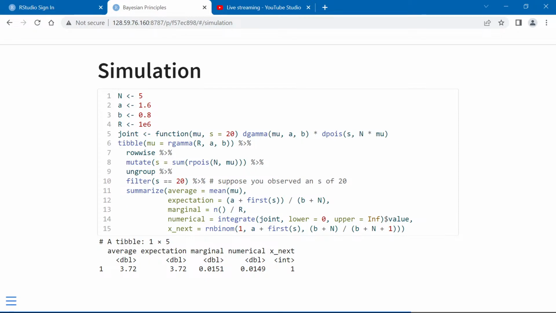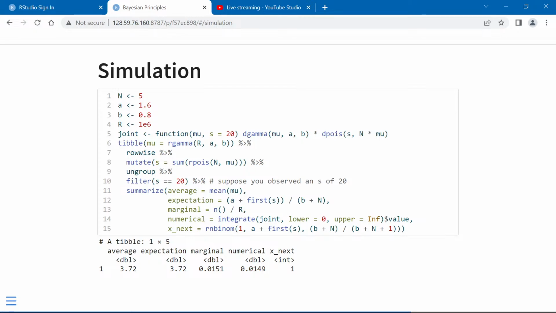Do the calculations row by row, where we draw 5 from a Poisson with the realization of mu, and sum them up to get S. Then after we're done doing that for all million realizations, we filter to the ones that entail S being 20, supposing we observed in the actual data that the sum of the Poisson realizations was 20. And then we can estimate the marginal by seeing the proportion that we keep, or we can integrate it numerically with little trapezoids.